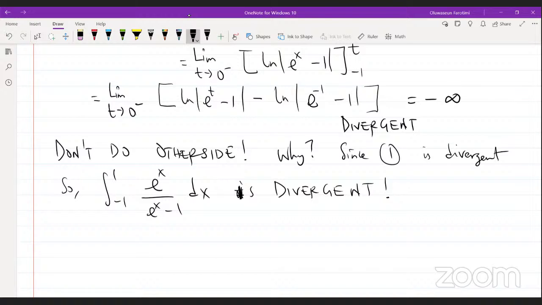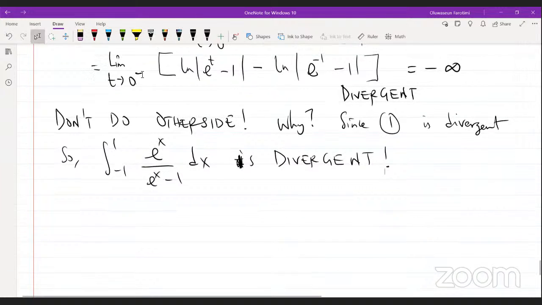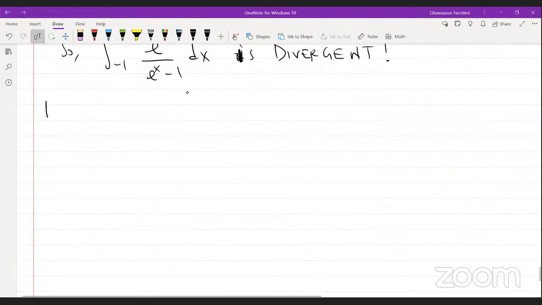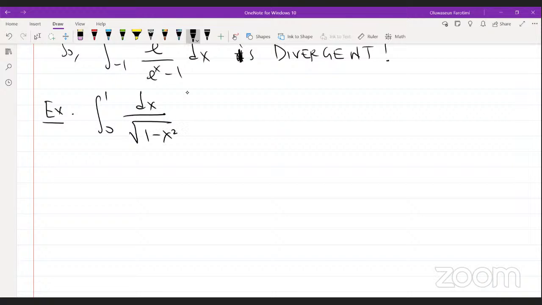Okay. All right. So if that makes sense, let's see one more example. You have the integral from 0 to 1 of dx divided by square root of 1 minus x squared. Is this an improper integral? Absolutely yes, guys. Why?